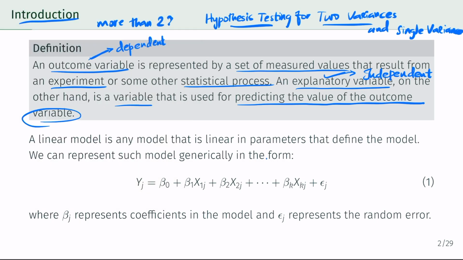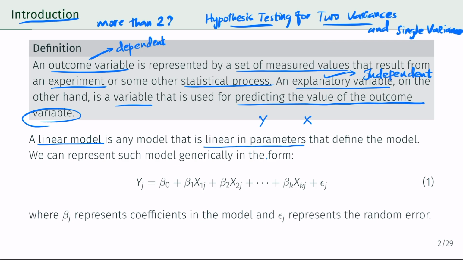Let's talk more about them. Whenever we talk about these two, we have to think about two values: an outcome variable, let's call it y, and an explanatory variable x. We can represent them in different models, so let's use a linear model, which says that the parameters are linear.